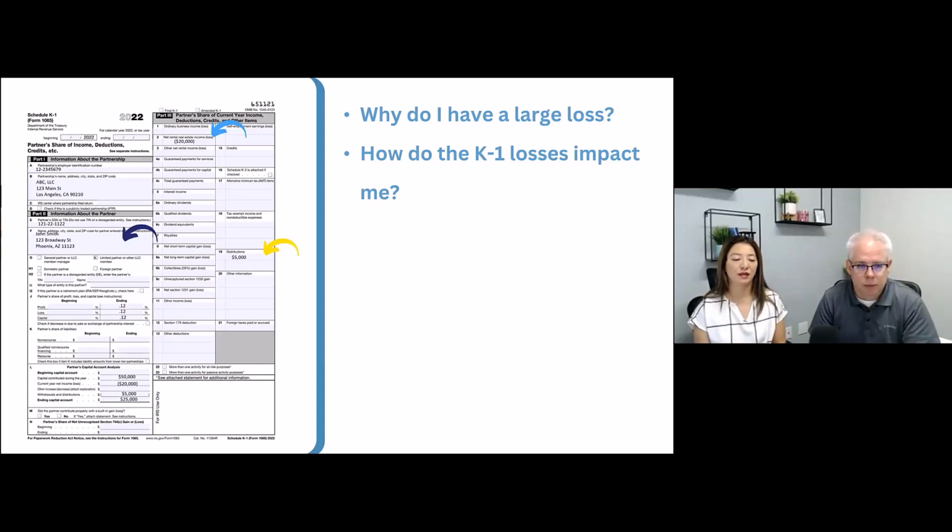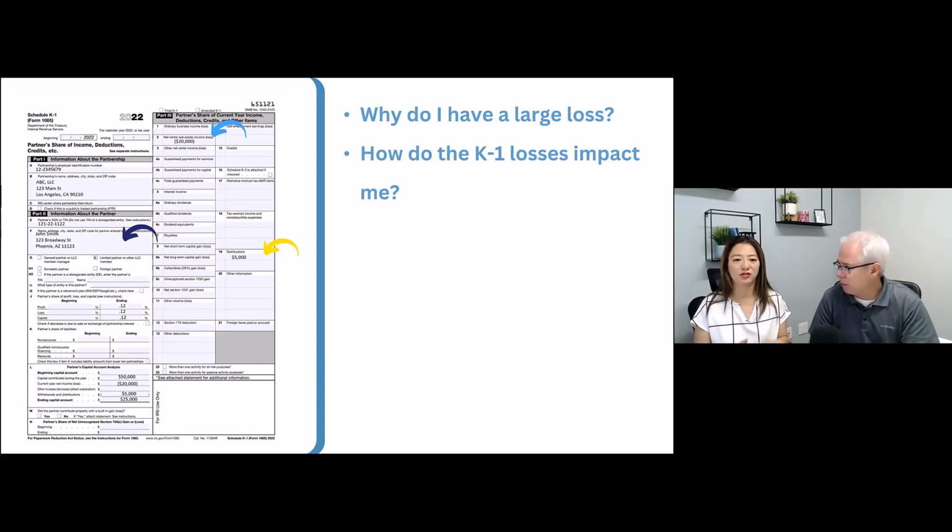So if you have other passive income, whether it's from businesses you've invested in, other rental properties, or other passive syndications, typically these losses can offset different types of passive income. For those of you who might be real estate professionals, it may be possible for some of these losses to also offset other types of income beyond passive income.